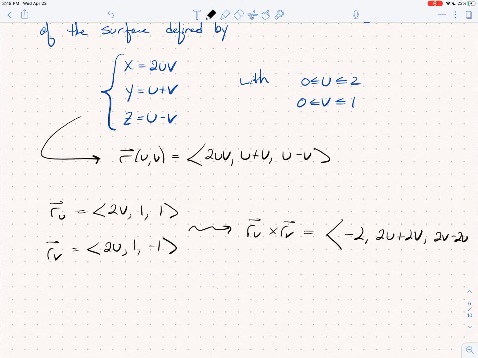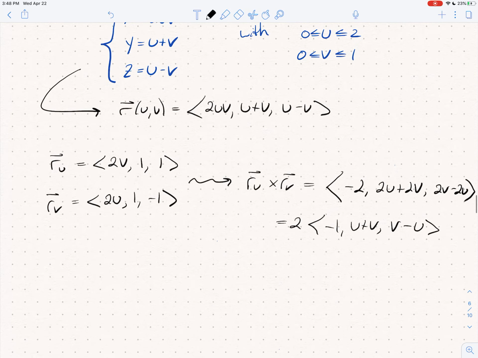Pop the 2 out, and you're going to get 2 times negative 1, U plus V, and then V minus U. You don't want to drop the 2 when you're setting up these integrals. If we were just looking for the normal vector, I could drop this 2, but I do need to keep it and take the length of this. Although keep in mind, when you take the length, you can just pop the 2 out.